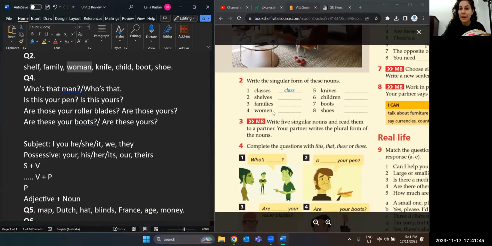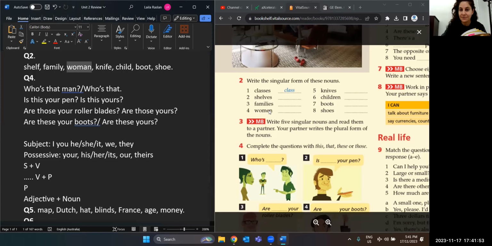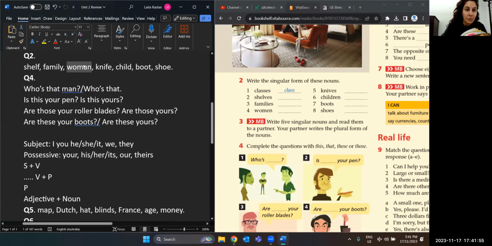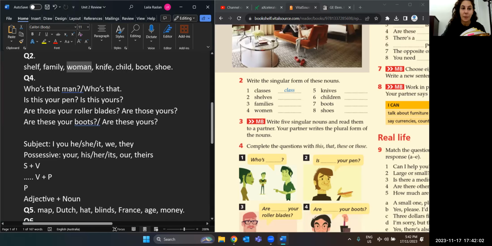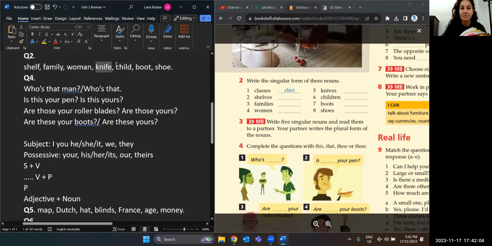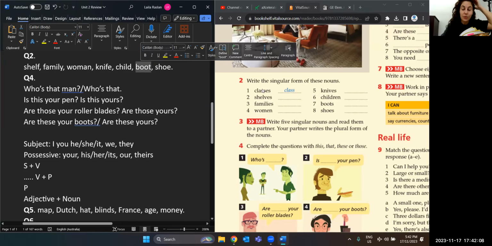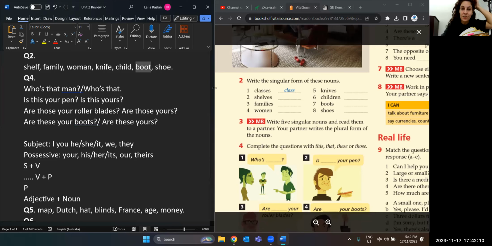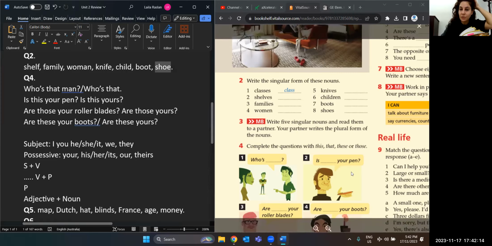Same as men, and then for the singular, man. So one man and many men. One woman and many women. Knives, knife, children, child, boots, boot, shoes, shoe. Yeah, good. So singular, plural.